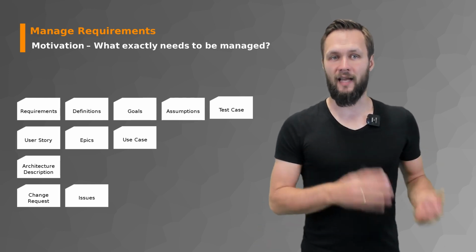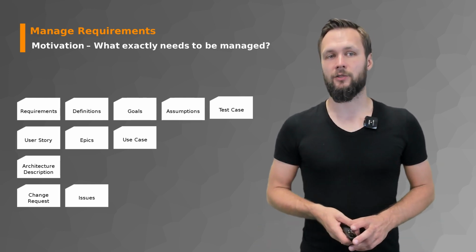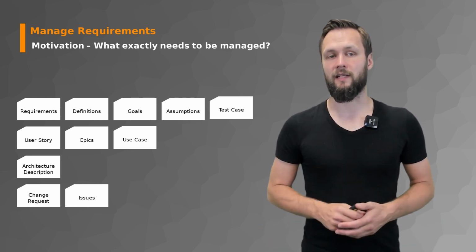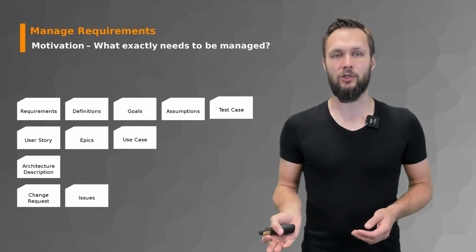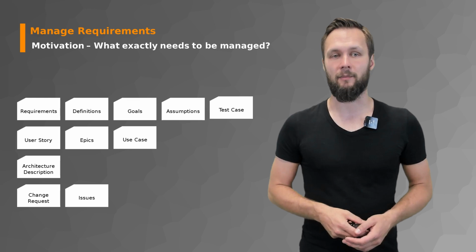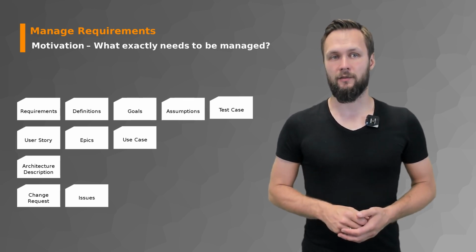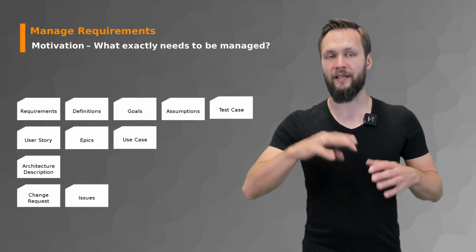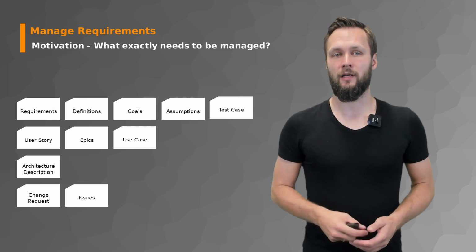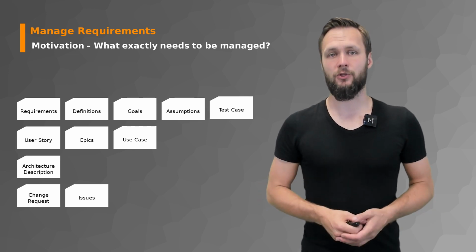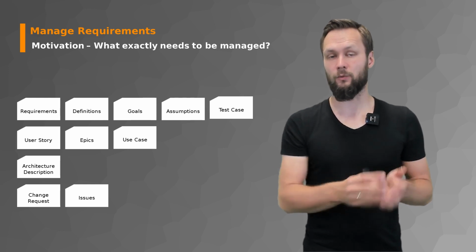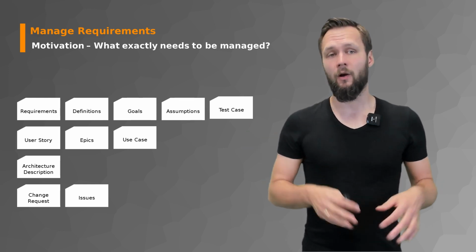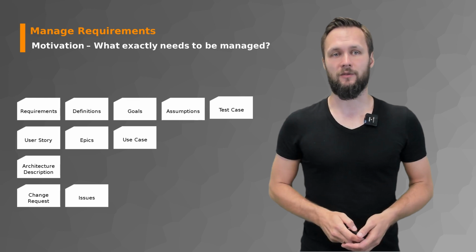User stories, epics, use cases, architecture descriptions, all of this also gets in there, but also management related things like change requests and issues that you might track with something like GitLab are also part of the things that might need to be managed. Depending on what size of a project you have, you might have all of those things that we just listed, or even more, because maybe we forgot some, or just a subset of those.